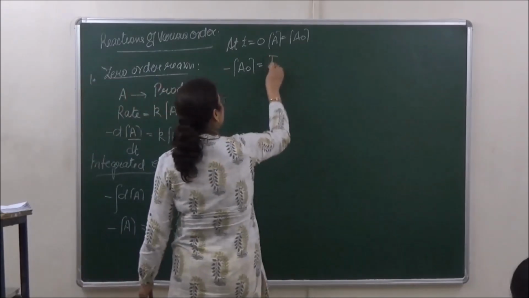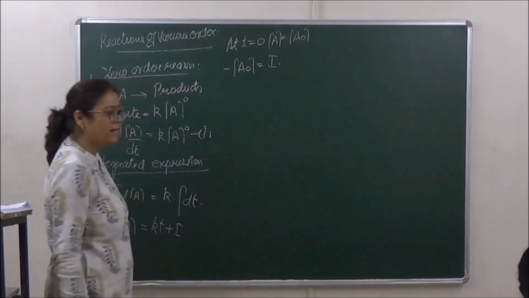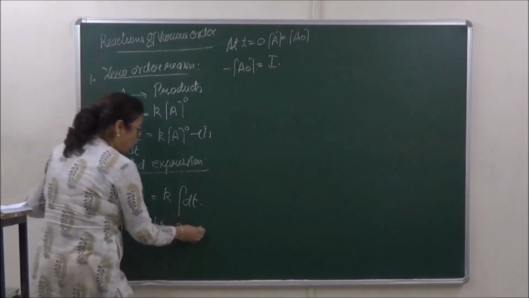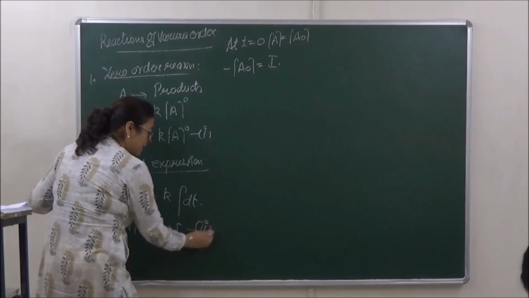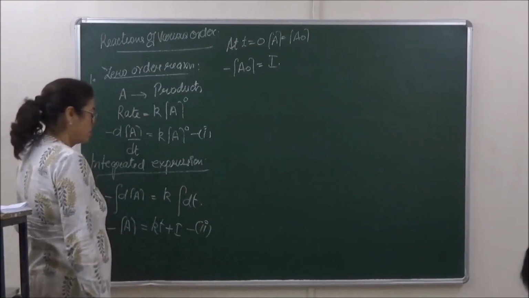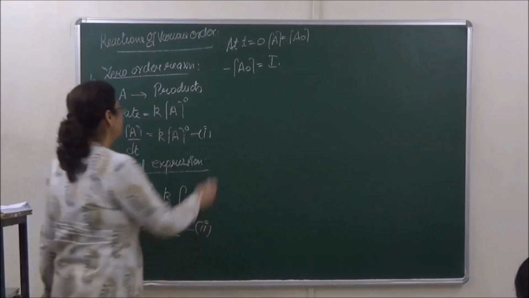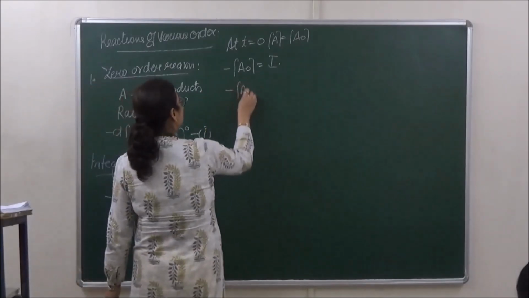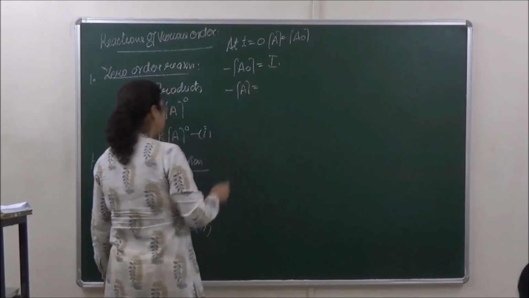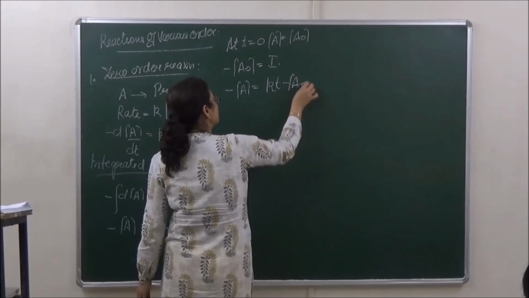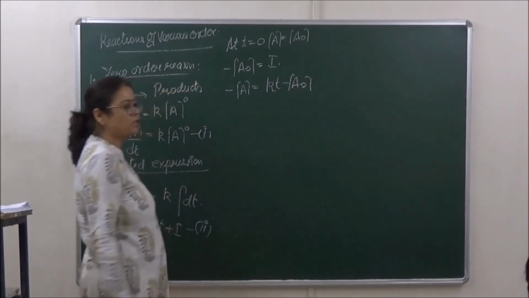So minus A naught becomes equal to I. Substituting the value of I in the second equation, we will have minus concentration of A equal to kt minus concentration of A naught.